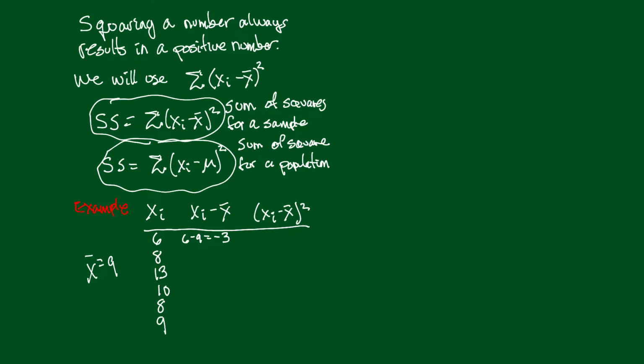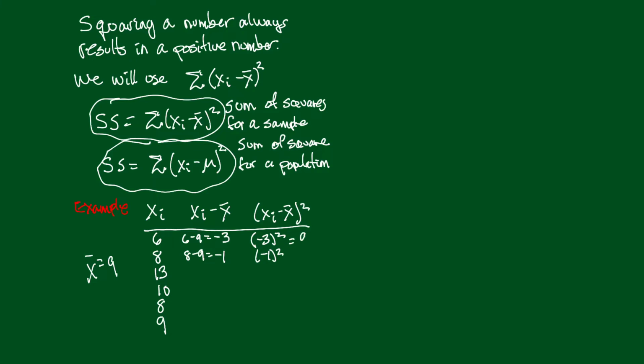What's the next column? Square it, all right? So I won't write it for all of them, but you get negative 3 squared. The next one, 8 minus 9 is negative 1, so you get negative 1 squared. Let's do them.